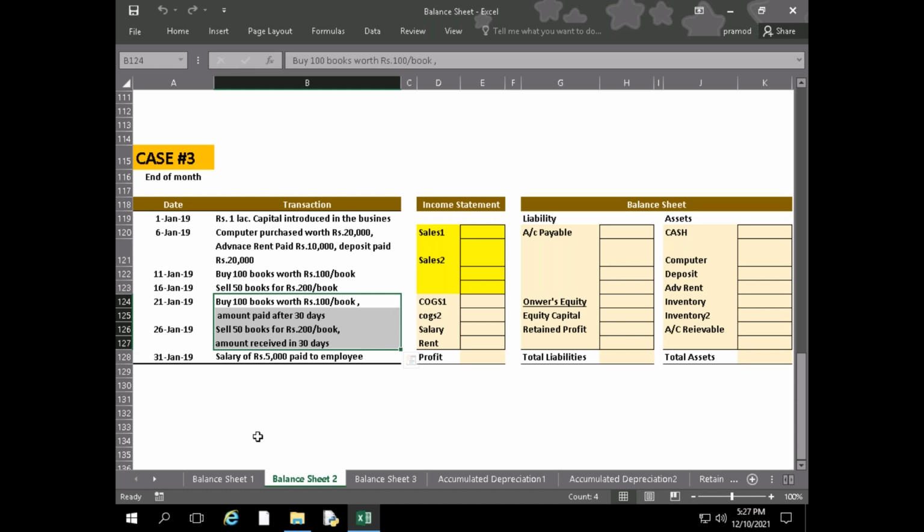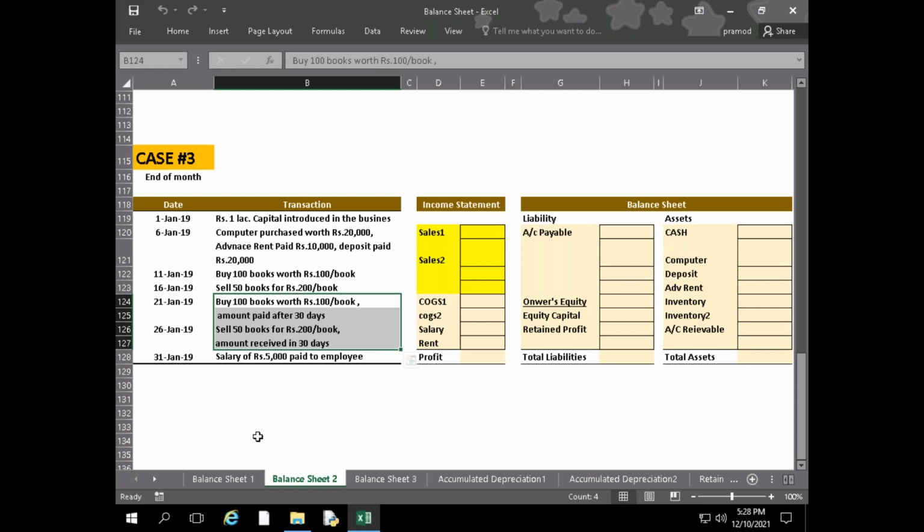Sir, one more doubt. Advance rent we already paid, no, sir, here 10,000 in the asset, but then we have taken rent here, sir, in the income statement, and cash we have minus 10,000. When we have already paid advance rent, why will we take 10,000 here? We can balance it, no, sir? I didn't get you.